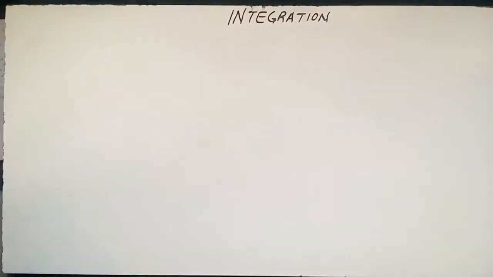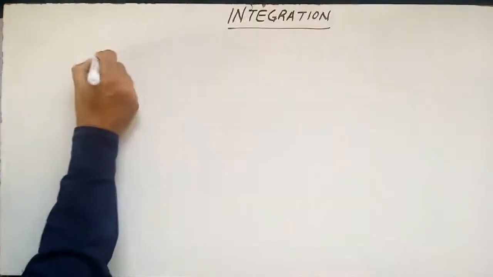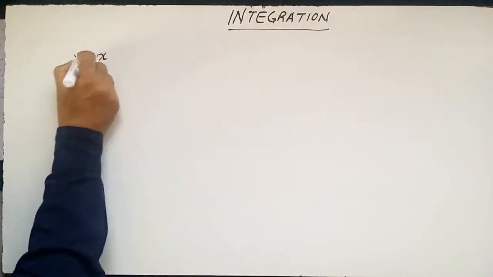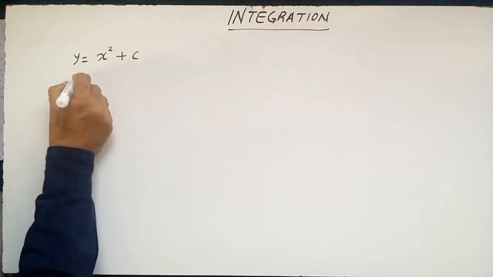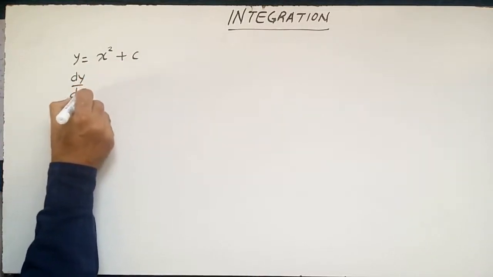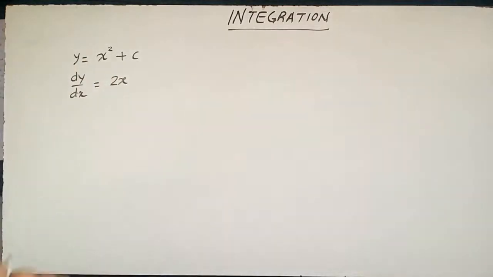Let's see how we can come to the general formula for integration. We said that when y is equal to x squared plus c, dy by dx is equal to 2x.